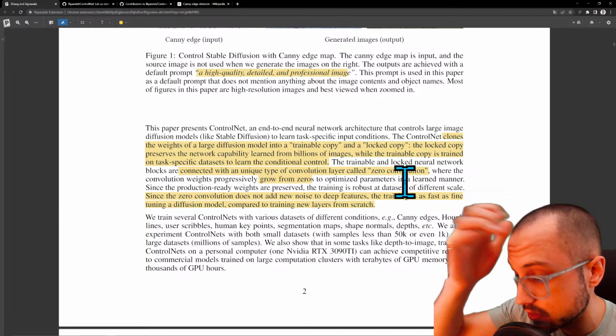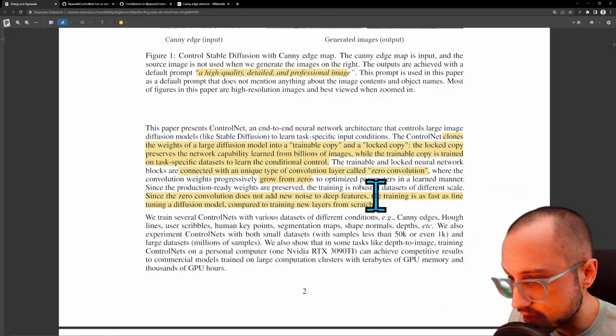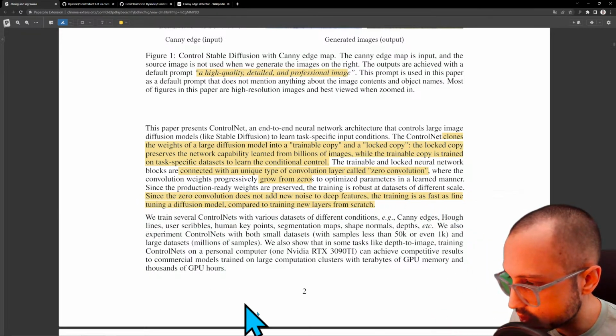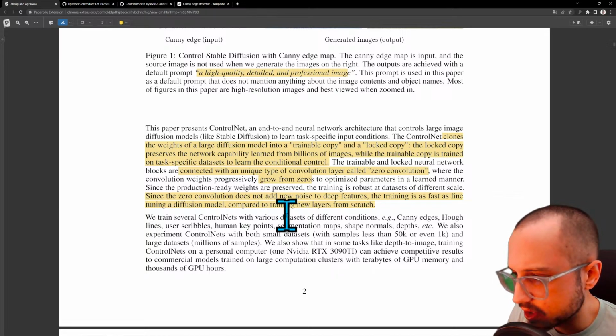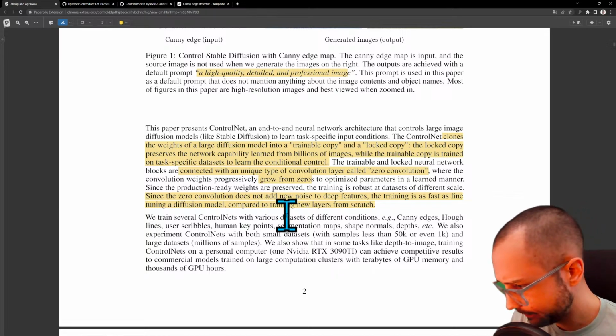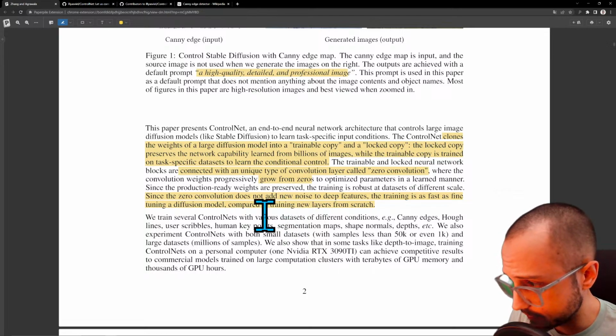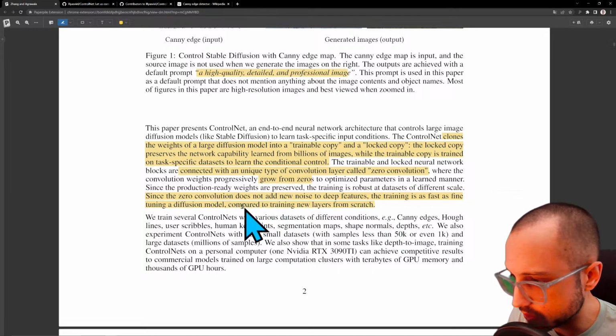So that's the advantage that they're calling out here: the training is as fast as fine-tuning a diffusion model. Normally, starting from zero like that would make the model very difficult to train. The reason people don't initialize the weights of a neural net with zero is it's basically not going to do anything, and you're not even going to get it to train initially.